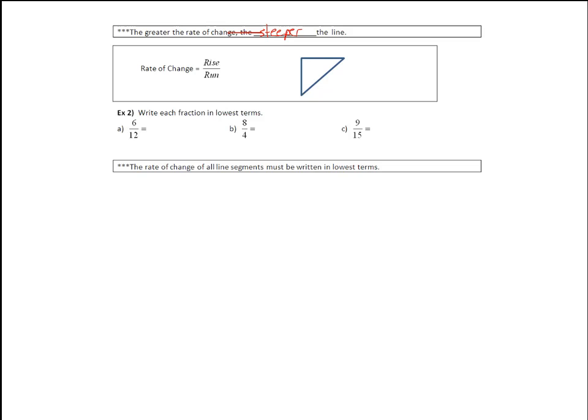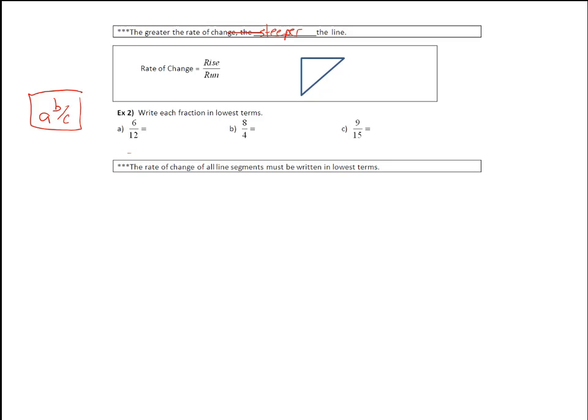Example 2, we have: write each fraction in lowest terms. Remember, with your calculator, you could use that ABC button, if you have one at home. So if you did 6 ABC 12, it'll give you it in lowest terms. Or if you don't have that, you have to determine what your greatest common factor between 6 and 12 is.